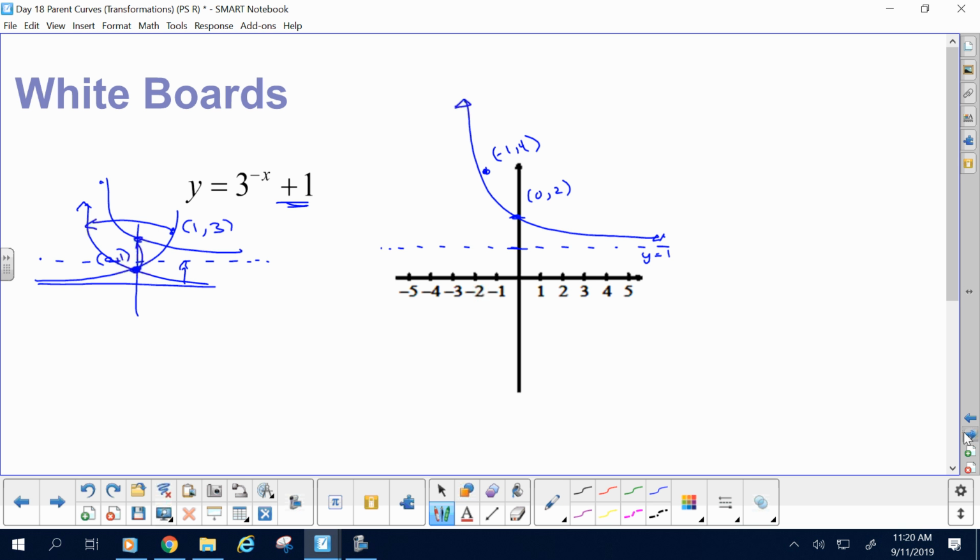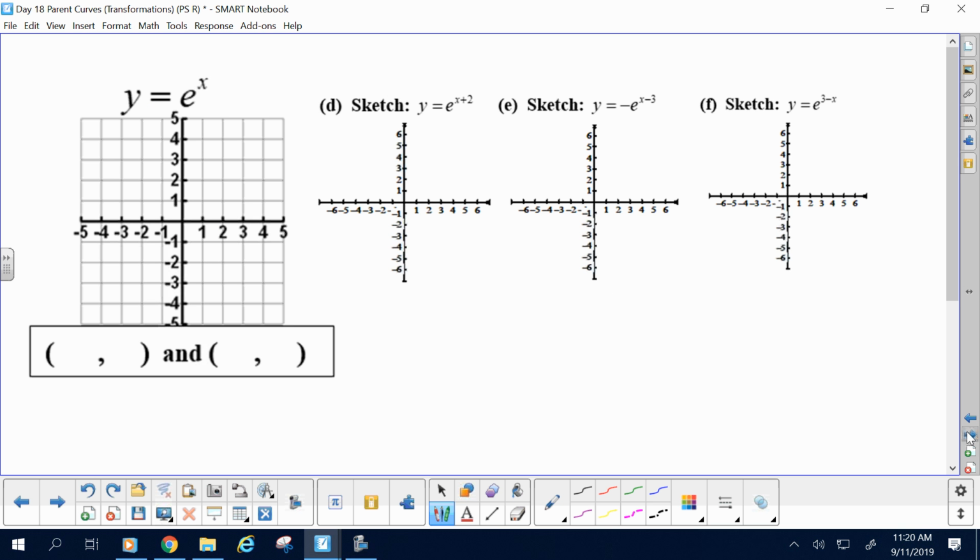All right. Let's try e to the x. That's an exponential, so give me an essential point. 1, 0 or 0, 1? 0, 1. Does the order matter? Yeah, order matters. Okay, so 0, 1.